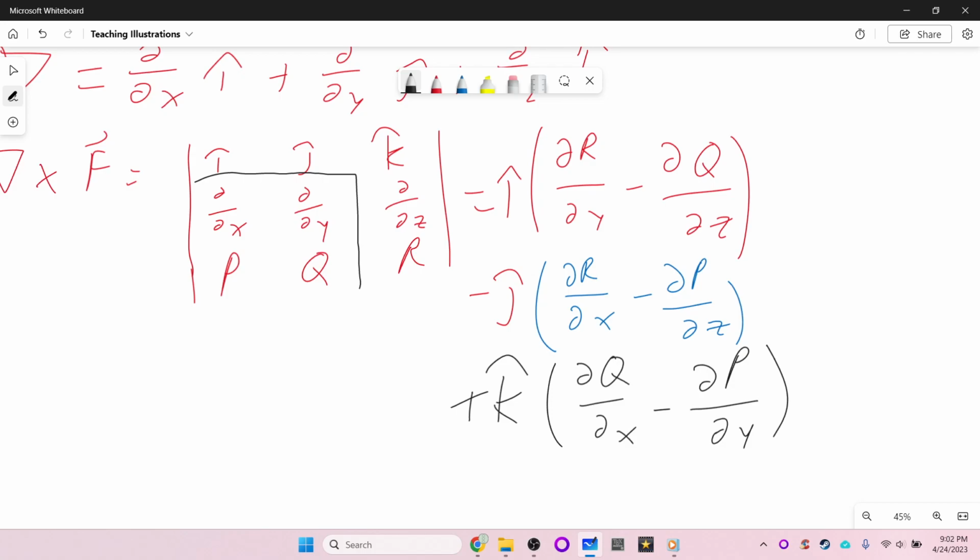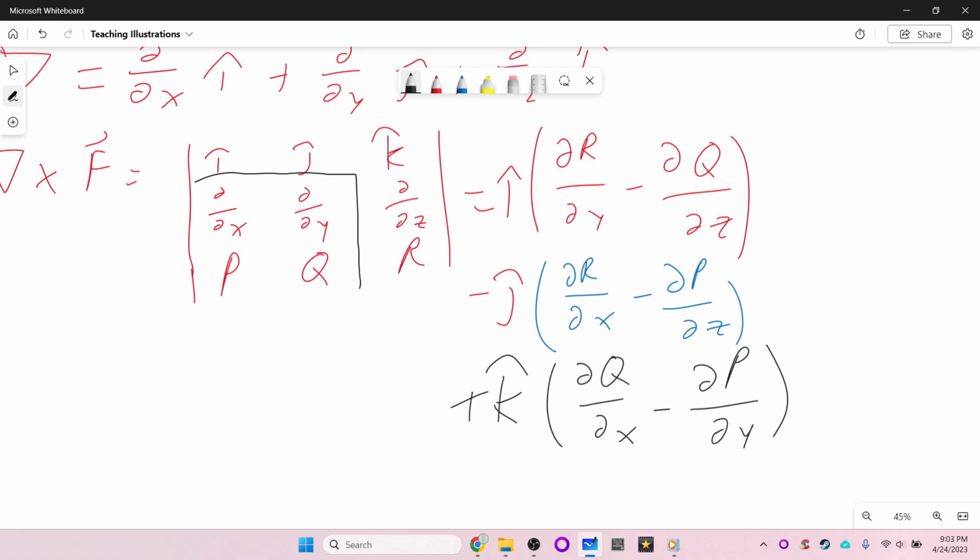And if you want to think about what this means, this is what is happening in the x direction. And you see what these are is everything that shows the interaction between y and z. R will be the z output, and y is the y input. Q is the output of y. Z is the input for z. So it's basically saying, how do things in the other directions go?